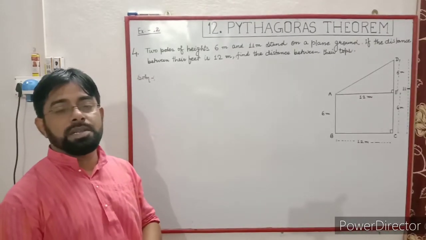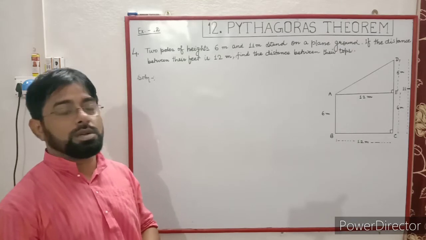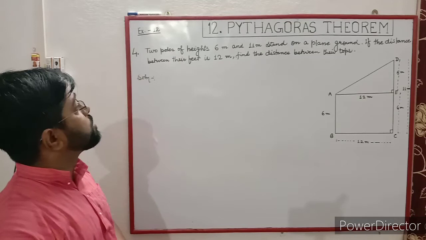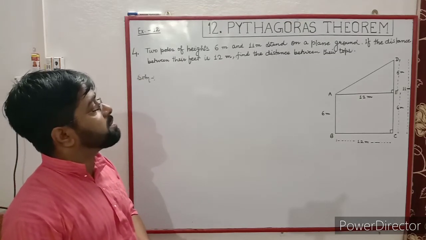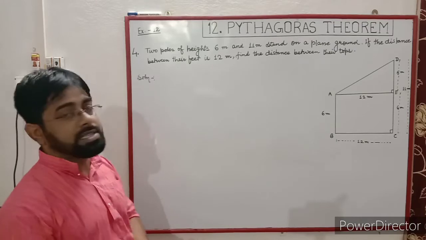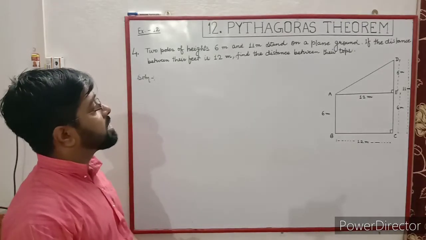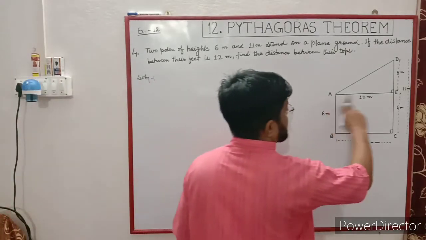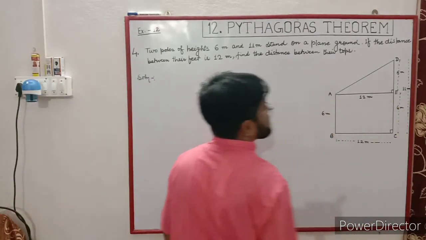Now, simple applications of Pythagoras theorem. Let's see. Question number 4 from exercise 12. Two poles of height 6 meter and 11 meter stand on a plain ground. If the distance between their feet is 12 meter, find the distance between their tops. So first of all, AB and CD are two poles.